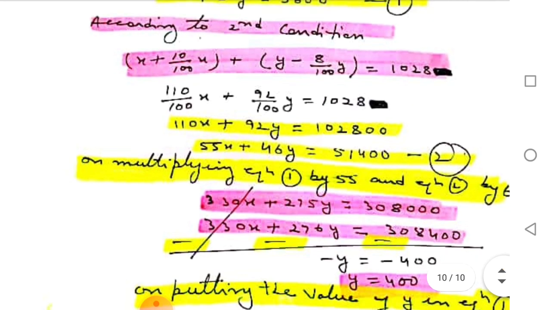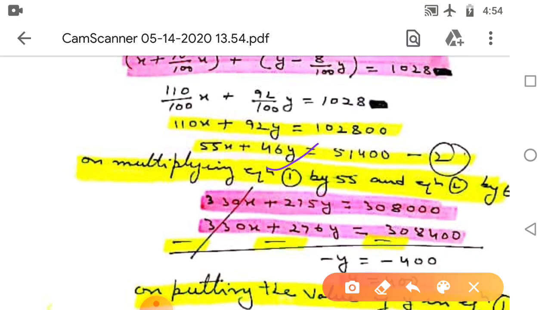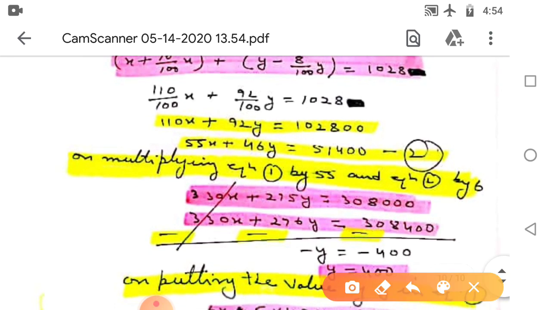51,400. Clear? Now multiply equation 1 by 55 and equation 2 by 6. When you multiply equation 1 by 55 and equation 2 by 6, the coefficient of x becomes 330 in both cases. Now on subtracting: 330x plus 275y is equal to 3,08,000, and 330x plus 276y is equal to 3,08,400.